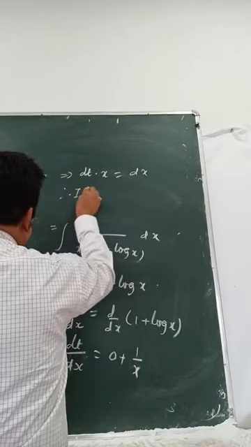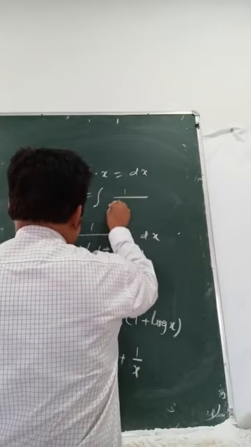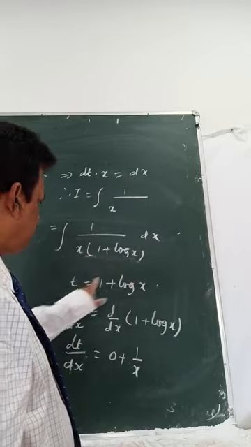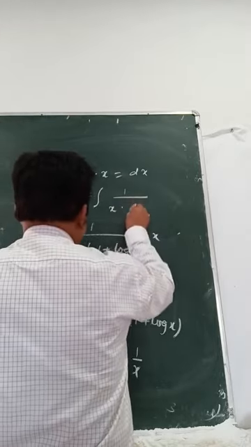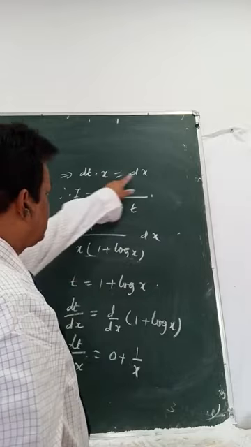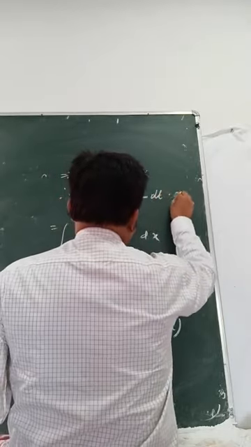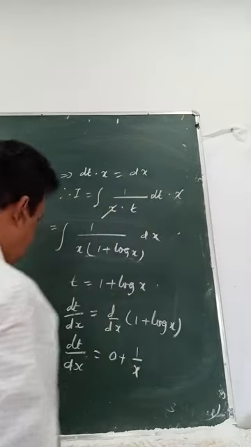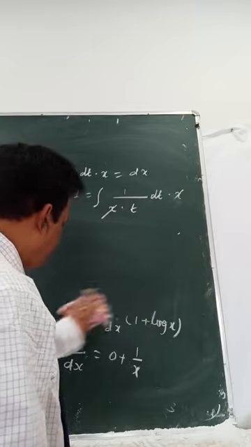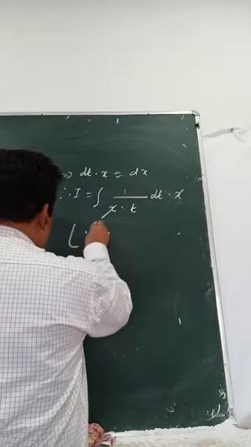Therefore I equals to the integrand. Look at 1 by x. This is t, this is t, into t. Then dx. dx is dt into x. This gets cancelled. Okay. What is the integration of 1 by t? I think I have given a formula.